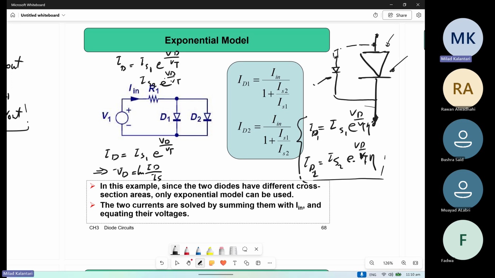They have the same VD, so you can calculate the ratio of ID over IS like this.